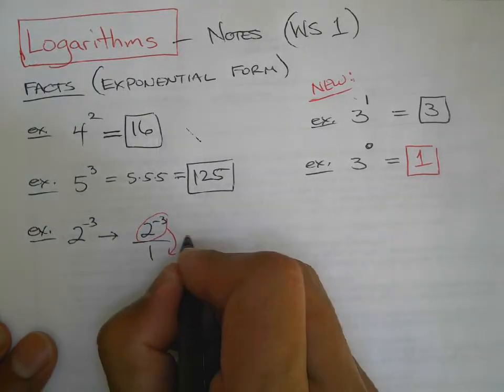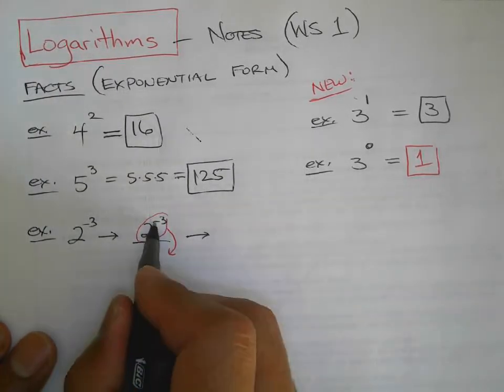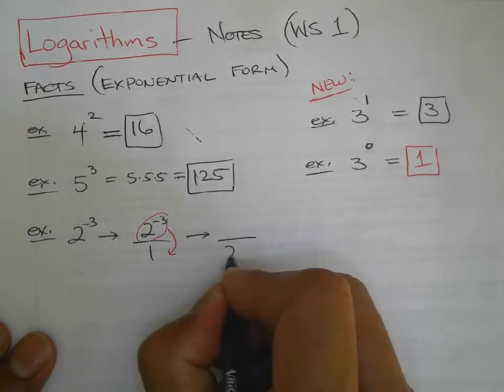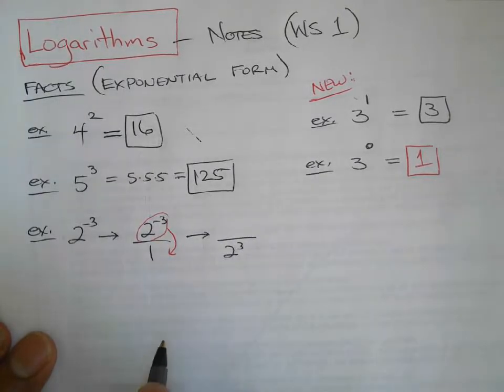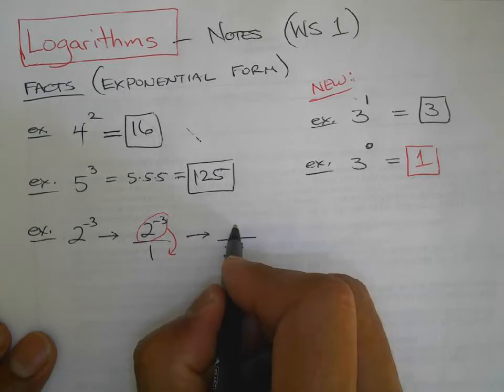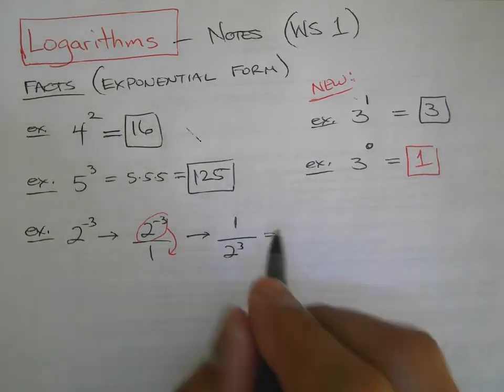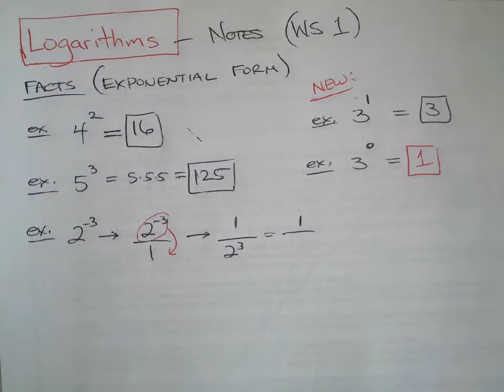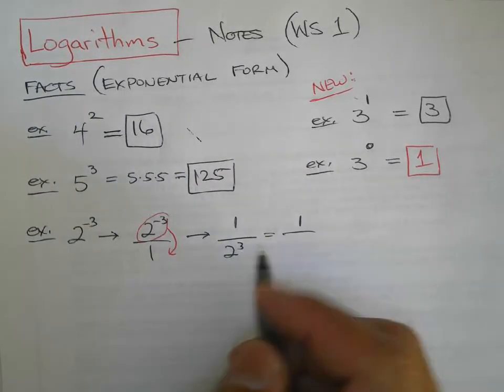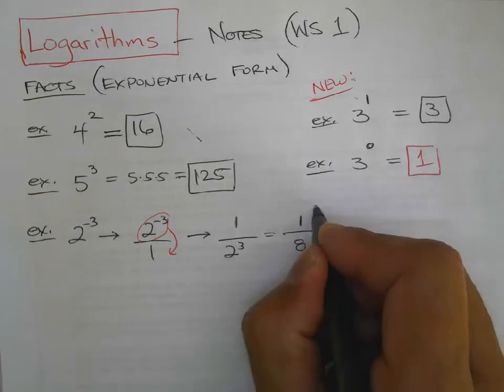And then what's left up here? Again, you don't put a 0, you put a 1. And the 1 stays on top, and then 2 times 2 times 2 is 8.